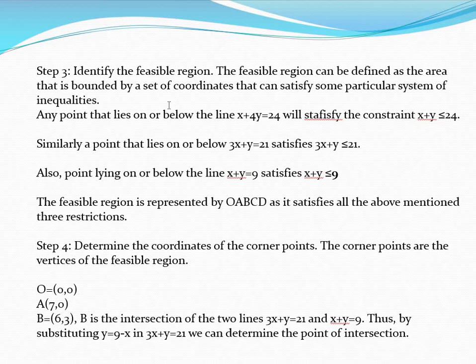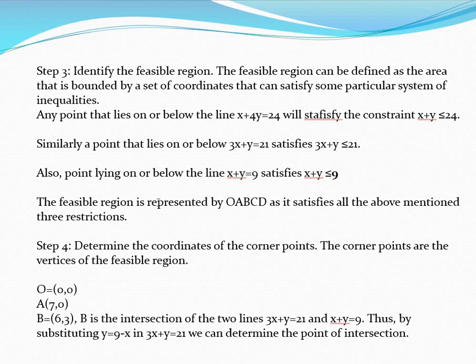Any point that lies on or below the line x plus 4y equal to 24 will satisfy x plus 4y less than or equal to 24. Similarly, a point that lies on 3x plus y equal to 21 should satisfy 3x plus y less than or equal to 21, and a point lying on x plus y equal to 9 should satisfy x plus y less than or equal to 9.